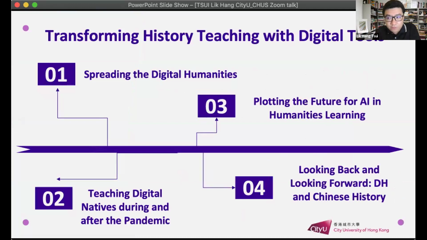I'll be starting first with a little about how I came to have some exposure in history and DH, and explaining what this angle stands for or what it could do for the study of Chinese history, and then on to how we could use DH tools to help with our teaching, as well as to learn with our students in preparation for a time in which Gen AI is part and parcel of their learning. And I'll end with some really quick thoughts on the state of DH and Chinese studies, especially Chinese history, especially geared towards teaching and learning.